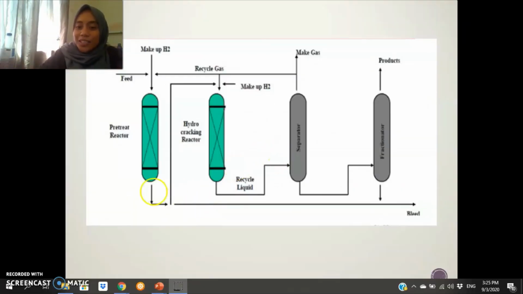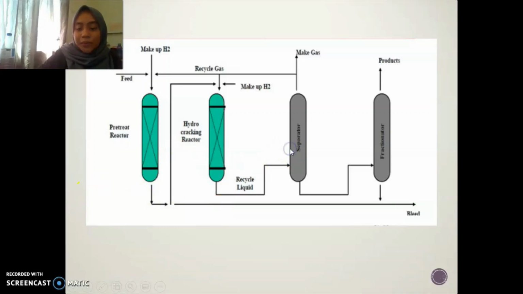Okay, so let's proceed with the hydrocracking process flow. Okay, the process starts from here where the feed and the hydrogen mix together at the pre-treat reactor, and then the mixture will be discharged at the hydrocracking reactor.